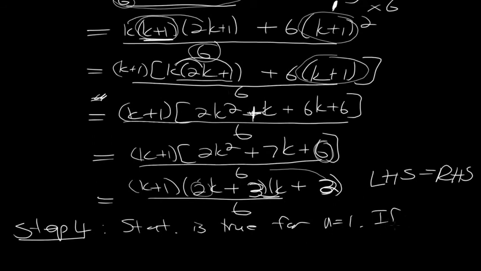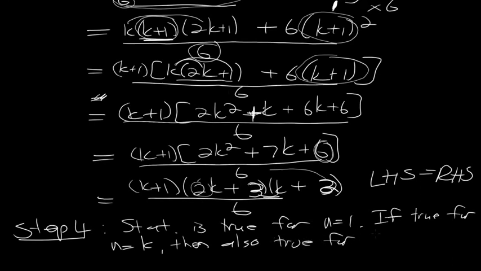If it is true, I'm not going to write out everything, but please do, when they ask you the question: if true for n is equal to k, then also true for n is equal to k plus 1, and then true for all natural numbers n. And that's your proof. That's just 4 steps you take.